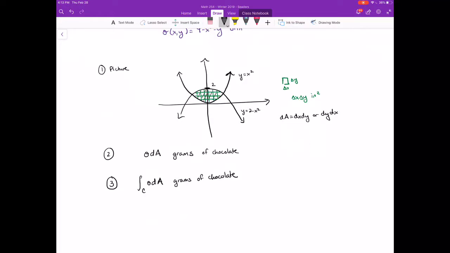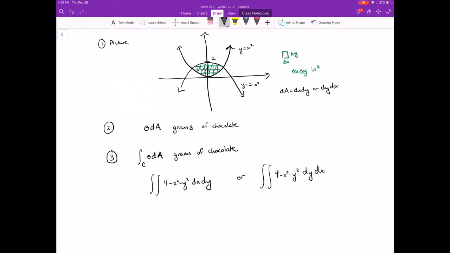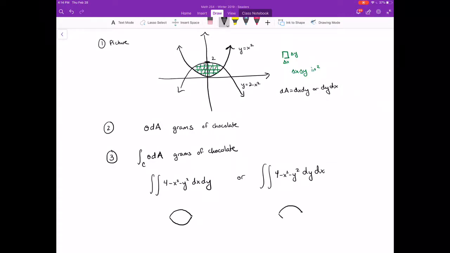So I'm thinking of either adding up 4 minus x squared minus y squared dx dy grams of chocolate, or 4 minus x squared minus y squared dy dx grams of chocolate. And it's important to remember what this is doing on my cookie, like the shape and the picture.